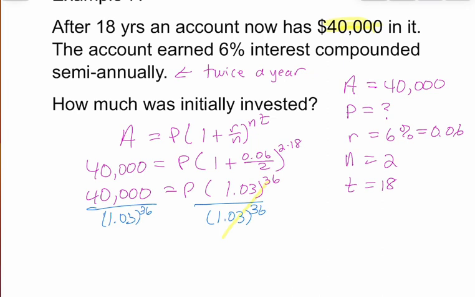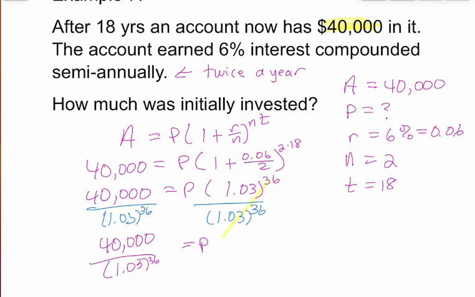So my amount in my account is going to be 40,000 divided by that thing. Now, this is where we'll put it all into a calculator, okay? So if I enter into the calculator 40,000, and again, this is kind of like that same idea, don't round till the end. That's the kind of the idea I'm going with.